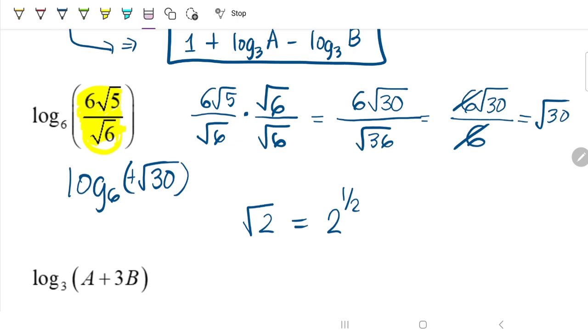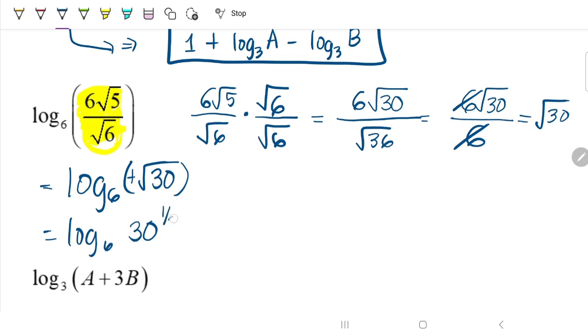So using that knowledge, we can rewrite the given as log base 6 of 30 raised to 1 half. Okay? So anong gagawin natin dito? So we have a power. By power rule, pwede natin ilipat yung 1 half dito sa unahan. Okay?